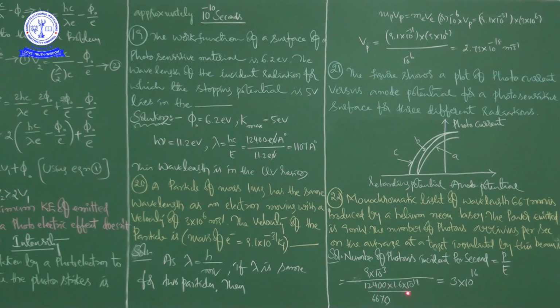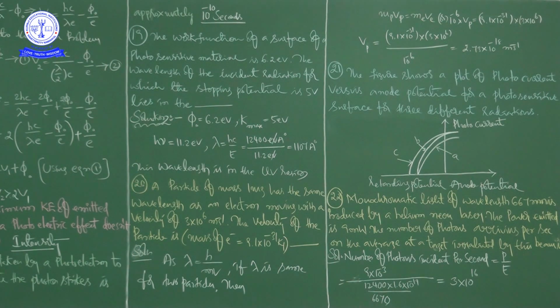hc we are writing as 12,400 into 1.6 into 10 to the power of minus 19 angstrom unit. And here they have already given 667 nanometers.